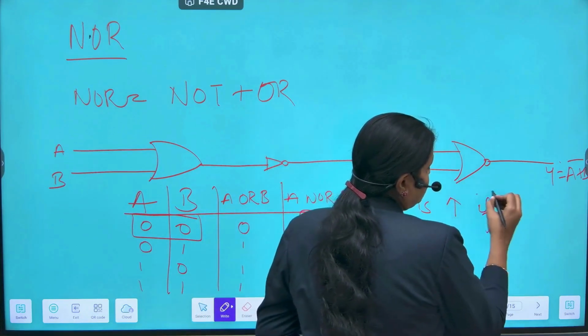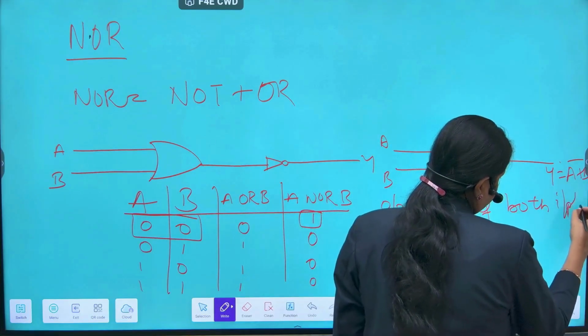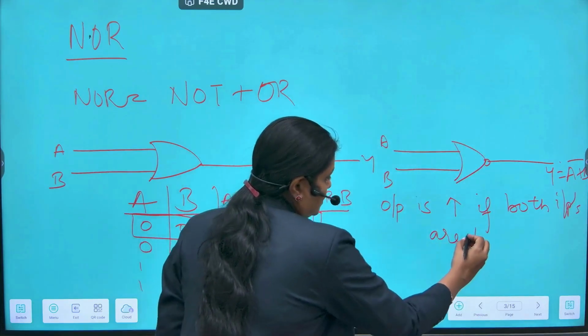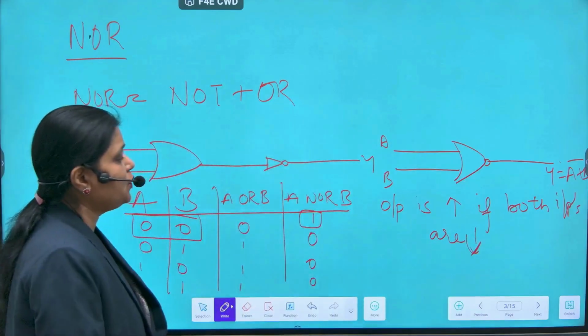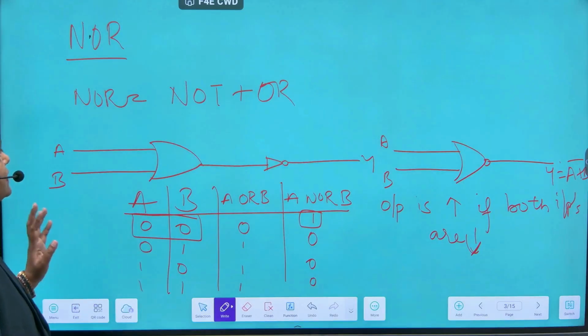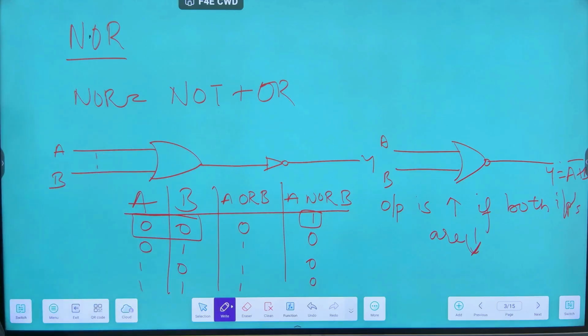This is about the NOR gate. The NOR gate also can have n number of inputs and only one output.